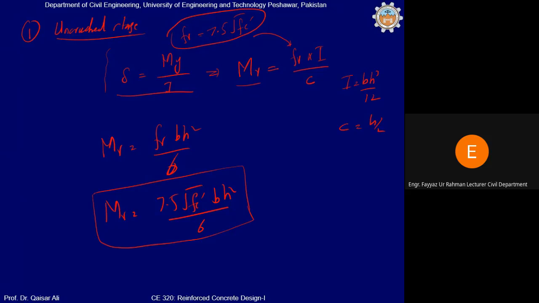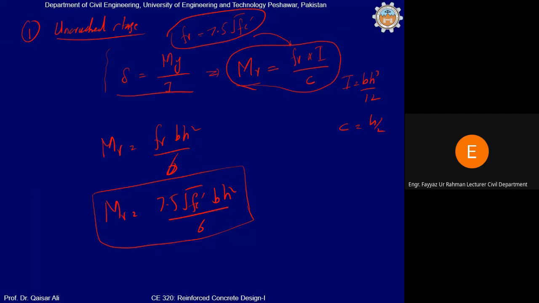However, this equation is not valid for the other stages. For example, when the crack appears in the beam, then you cannot use this equation for calculating the flexure capacity, because as I told you, this equation is valid for a homogeneous elastic section of the beam. Clear?